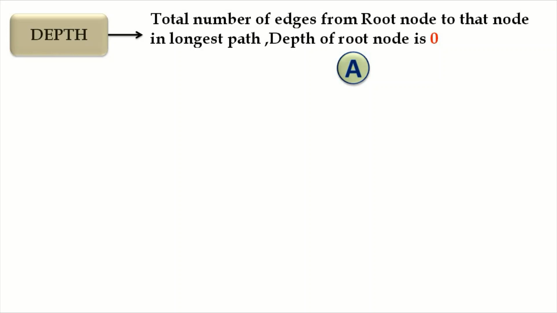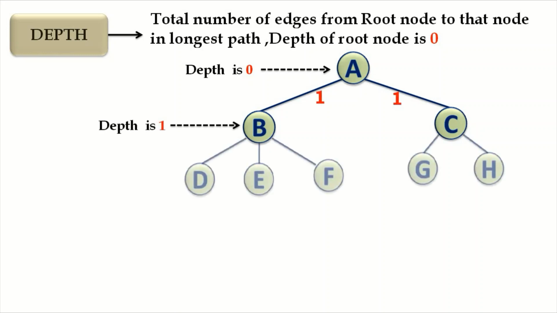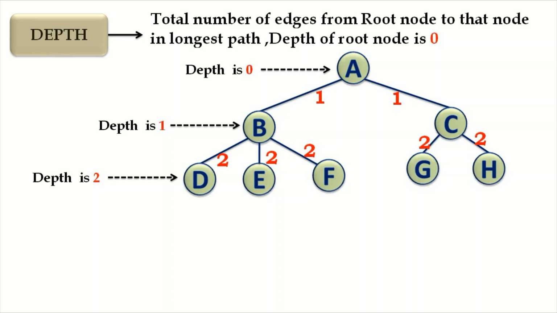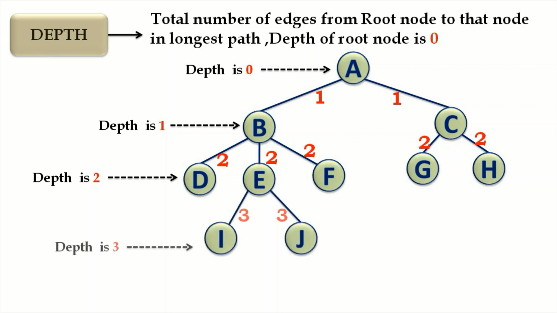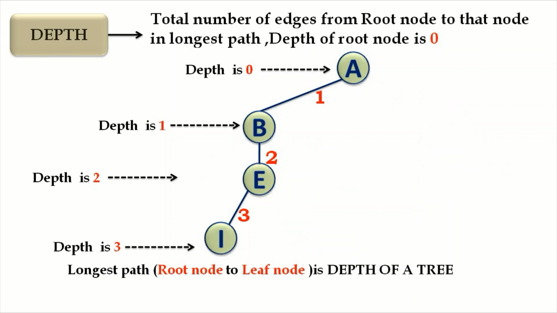A is a root node. The depth of the root node A is 0. A is connected to the further children B and C. The depth of them is 1. Next connected, the depth is 2. Next connected to the leaf nodes and the depth is 3. Here the longest path from the root node to the leaf node will give the depth of a tree. Here the depth of the tree is 3.